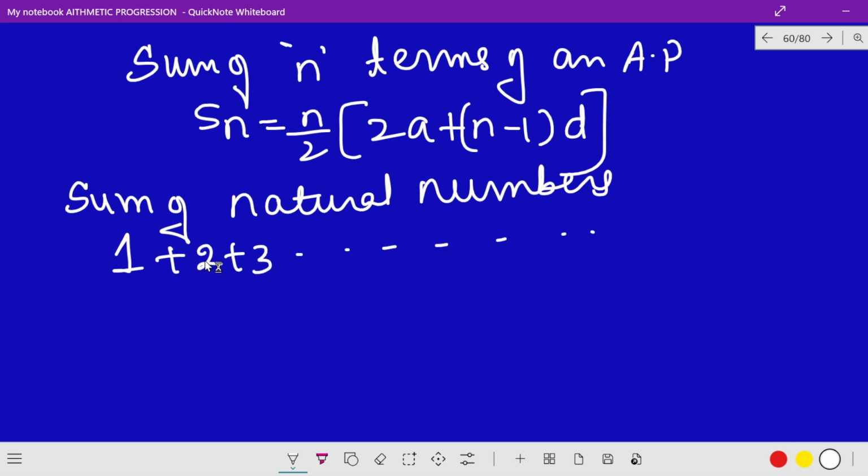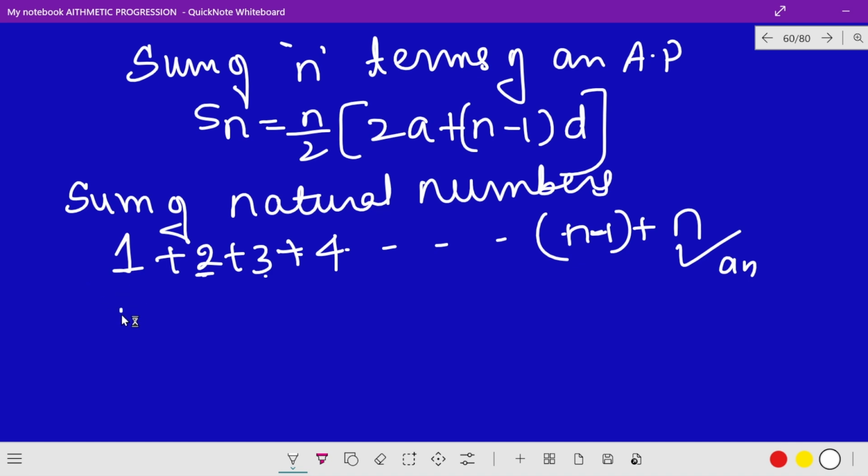The first is 1, the second is 2, 1 plus 1 gives 2. The preceding number of 2 means the previous number, which is 1, that is 1 less than 2. The preceding number of 3 is 2, 1 less than 3. Like that, the preceding number of 4 is 3. If my nth term is there, its preceding number will be n minus 1. So my nth term became an here.